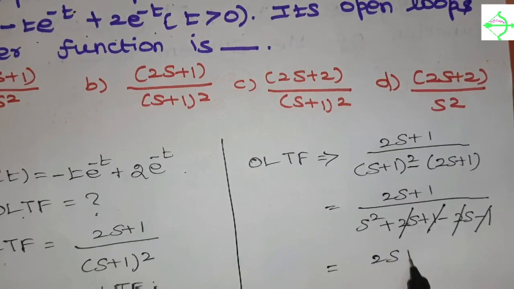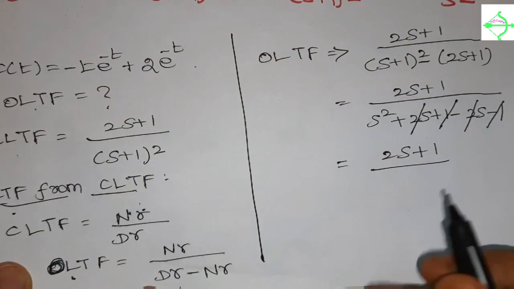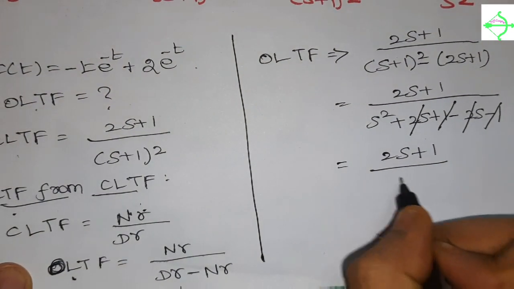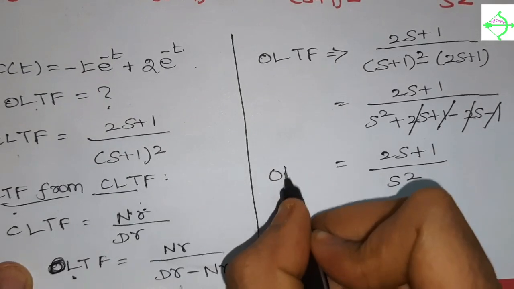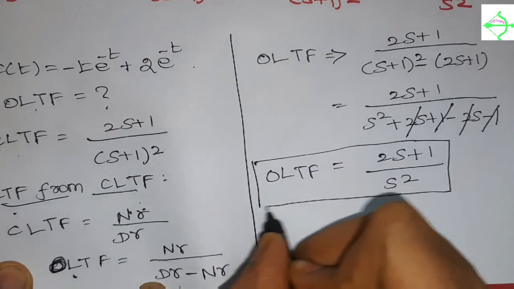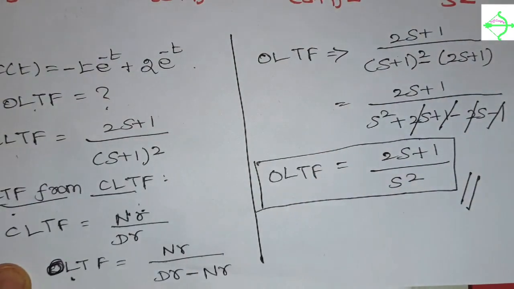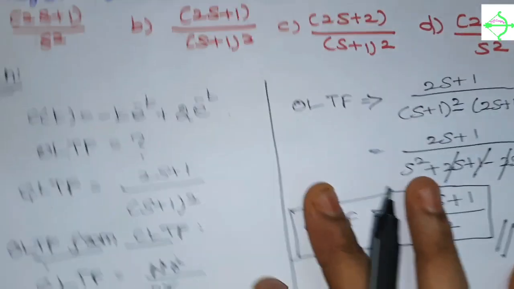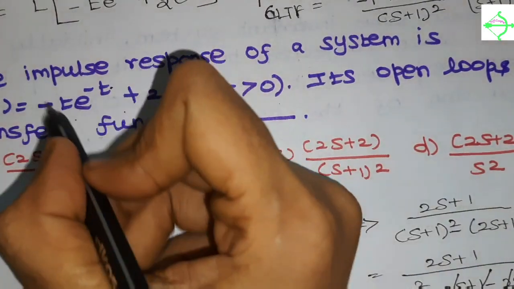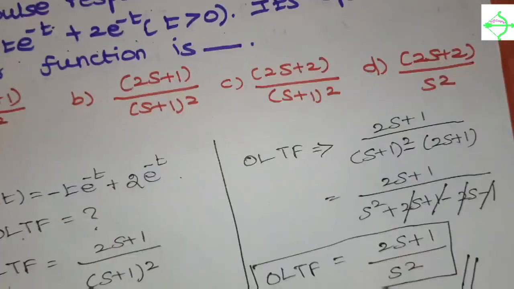We get (2s+1) divided by s square. This is the open loop transfer function for this impulse response. Option A is the correct answer for this.